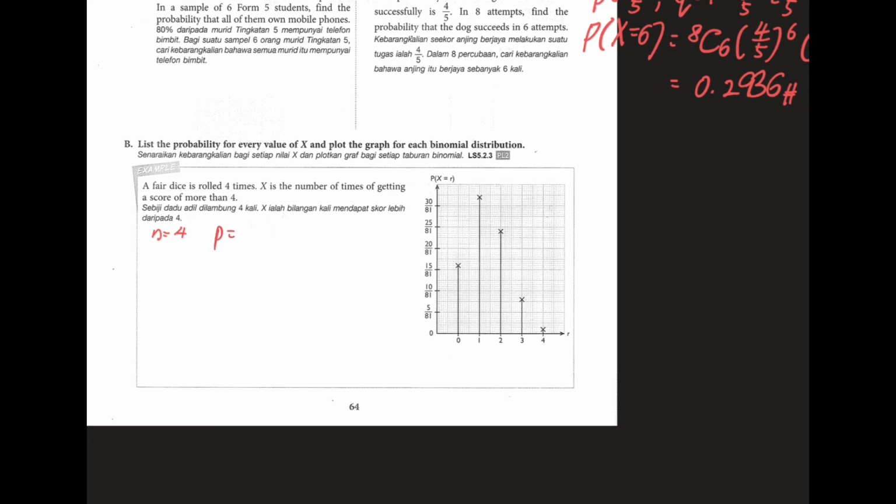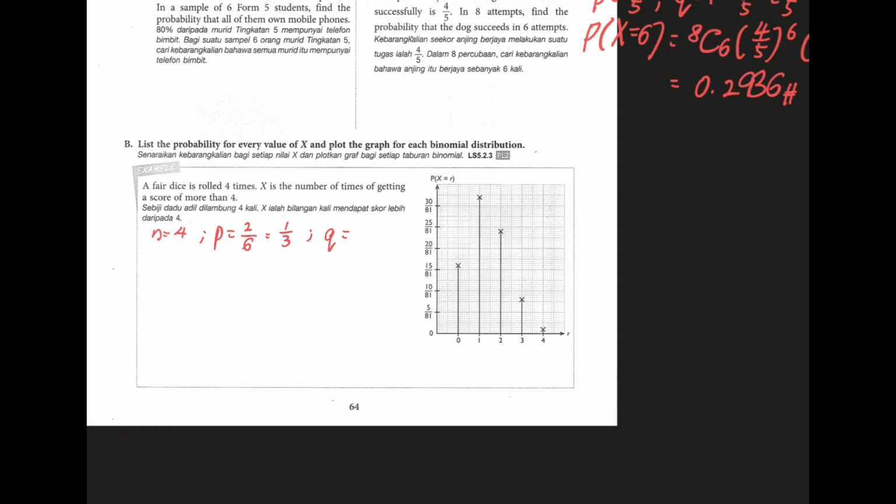More than 4 means 5 and 6. So 2 outcomes over a total of 6 outcomes. When you roll a dice, you will get 1, 2, 3, 4, 5, 6. So that's why 2 outcomes over 6 outcomes, so 1/3. Then the probability of failure.